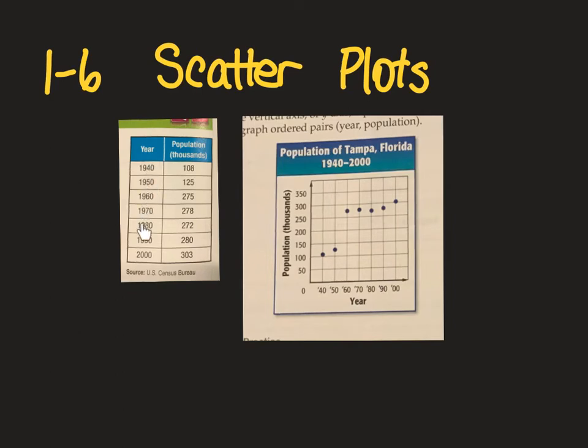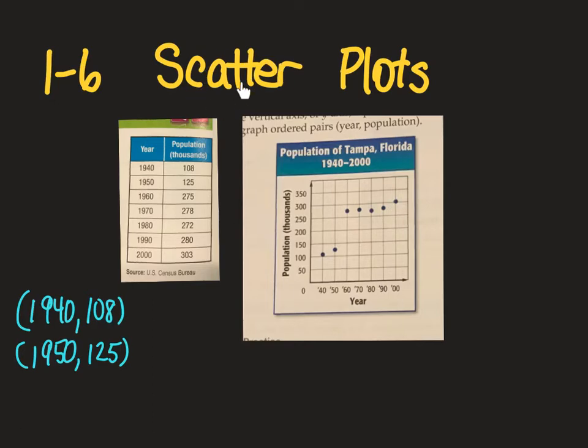and so forth. So they took all of these years, all of these populations, they turned them into ordered pairs. So they did 1940, 108, 1950, 125, and so on. Notice that they have these dots, but the dots are not connected.